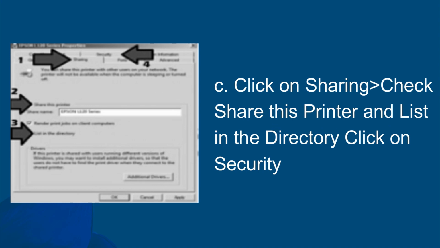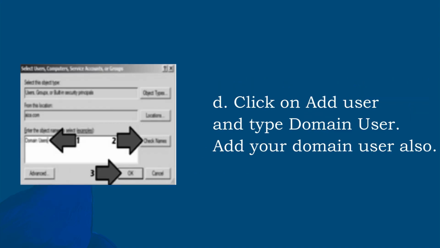Letter C, click on Sharing, and then check Share this printer and list in the directory. Click on Security. D, click on Add User and type Domain User, and then add your domain user also.